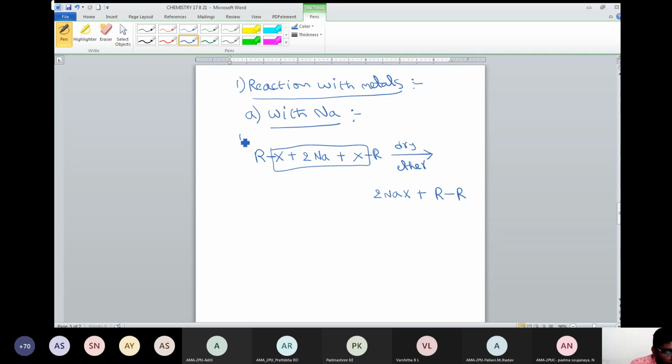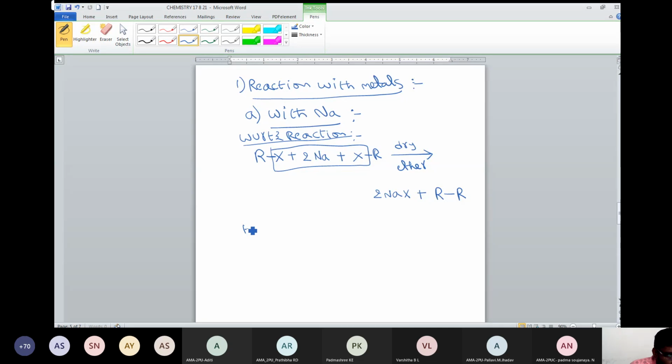Have you remembered this reaction? This reaction name is Wurtz reaction. Whenever haloalkanes combine with sodium in the presence of dry ether to produce alkanes, the reaction is called the Wurtz reaction.